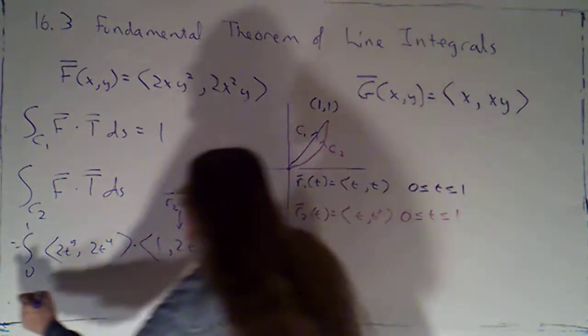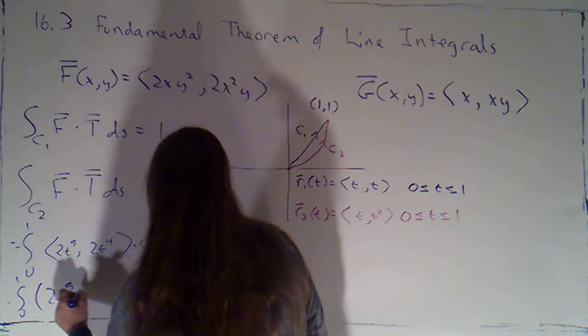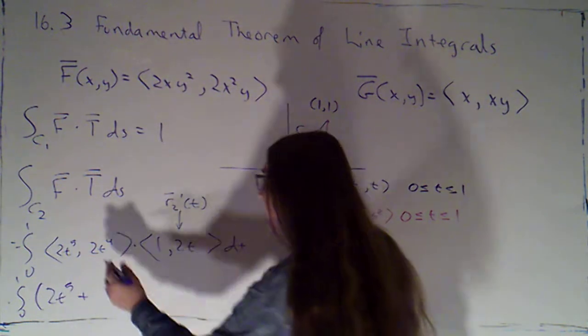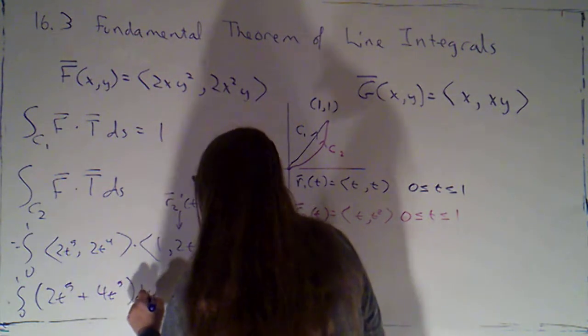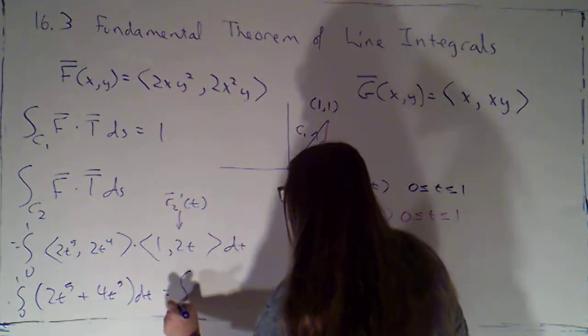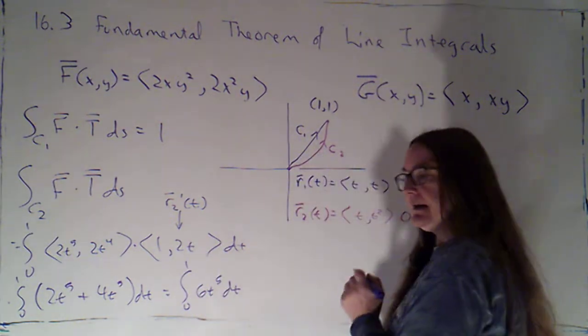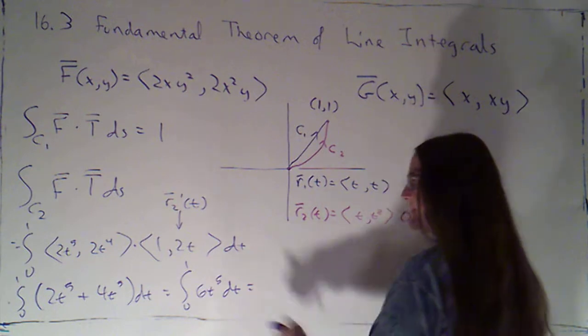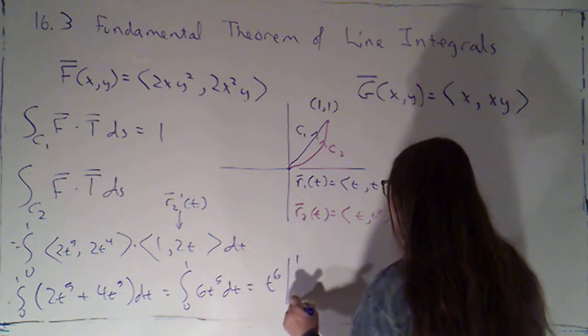dt. So we're integrating from 0 to 1, 2t to the fifth plus 4t to the fifth dt. That's integrating from 0 to 1, 6t to the fifth dt. That's lovely, because that's just 6t to the sixth over 6, so that's t to the sixth from 1 to 0.